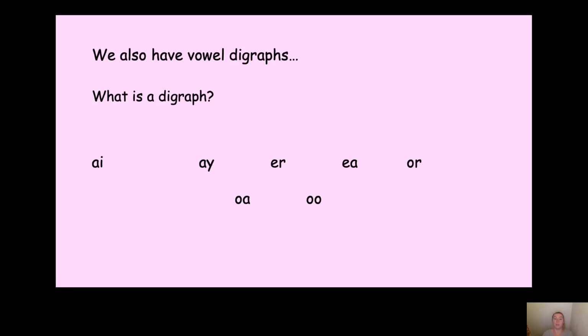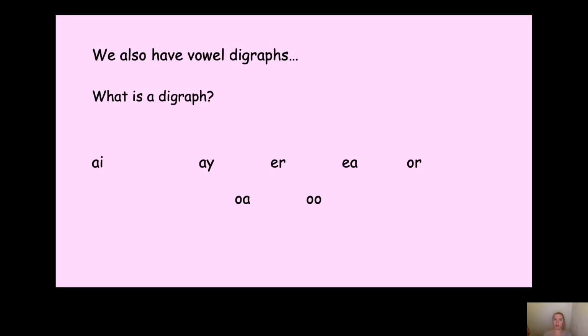Okay, so let's look at the first one. Now, let's look at the first letter in the digraph. Is that a vowel? Let's think back to our vowels. A, E, I, O, and U. Well, yes, the first letter is A. So that means that it is a vowel. Now let's look at the second letter in our digraph. It's an I. Now let's say our vowels again.